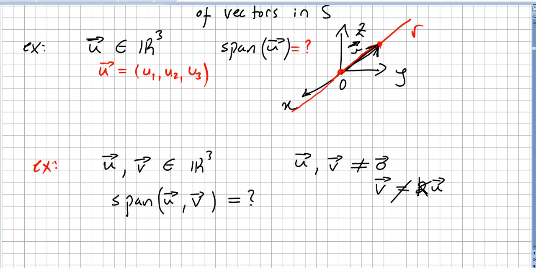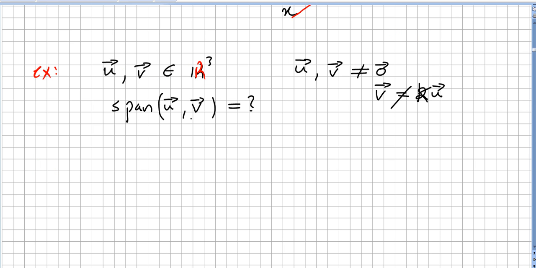Okay, another example. Let us pick vectors U and V in R3, where U and V are not the zero vector, and they are not a linear combination of each other. Okay? So, question, what is the span of U and V? What kind of space do vectors U and V span?